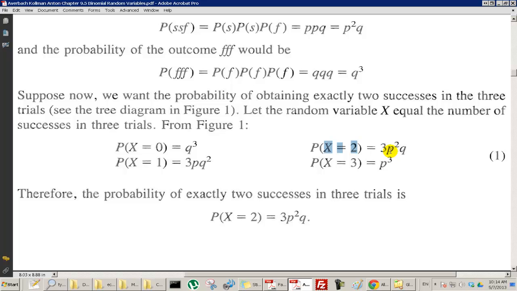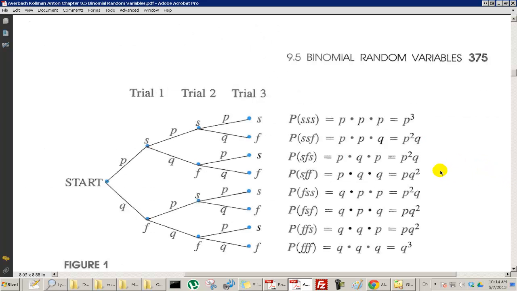And if you think about it, this is an example of mutually exclusive events, and that's why you add this probability and this probability and this probability. That's why you can add them, because they're mutually exclusive. So you can think about that to make sure that you understand why we add, and that's why it's 3 times p squared q.